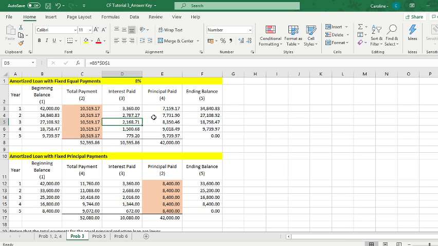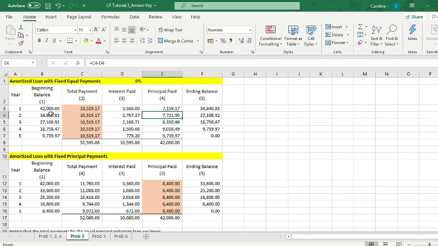And how do you find the principal that you have to pay? By subtracting the interest from the total payment, and you find that the principal paid is 7,731.90.